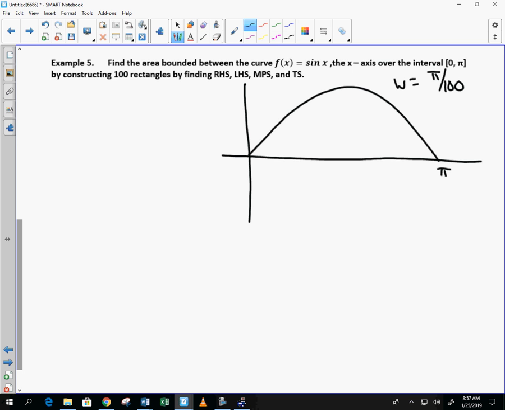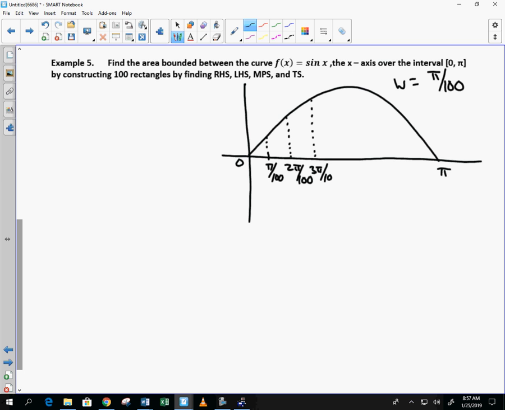So here's what we want to do: we want to really figure out where we evaluate these heights. So the first rectangle would be from 0 to pi over 100, right? And then what would the next one be? 2 pi over 100. What would the next one be? 3 pi over 100.